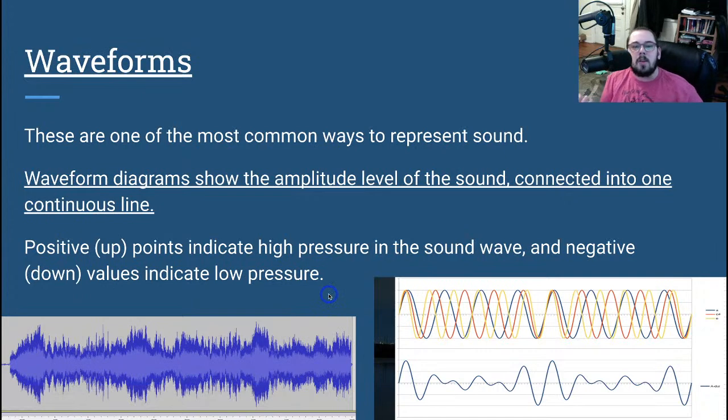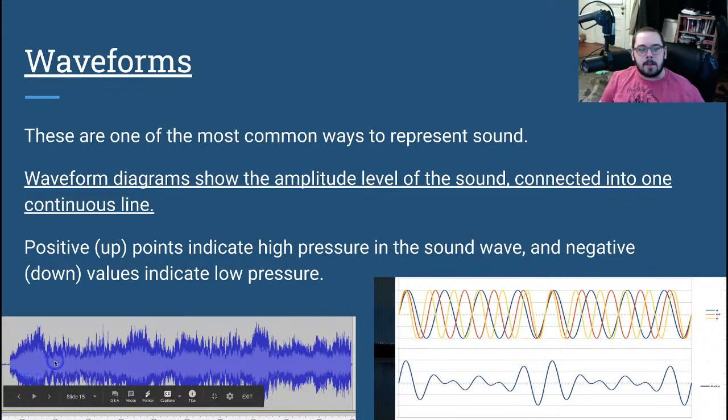So what a computer does, and I'll talk about this in more detail in a different video, is essentially look at incoming sounds and say, hey, it's at this level, and take a snapshot and connect all those together and make a waveform. And this is happening very quickly, so you get a large, dense collection of these. So this diagram over here is the same kind of diagram as this blue one here.